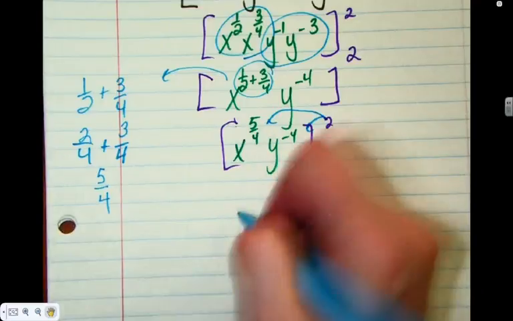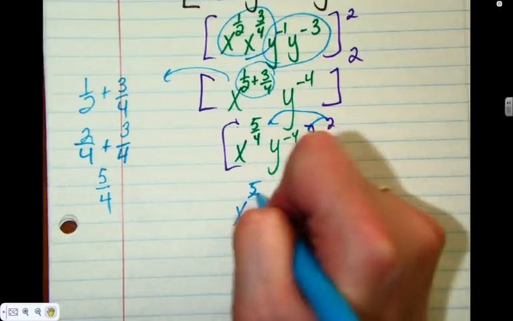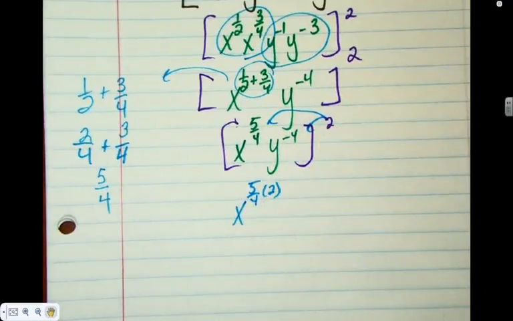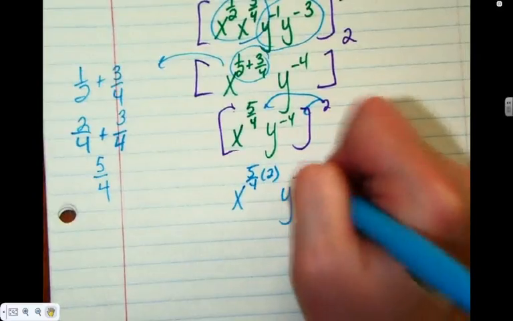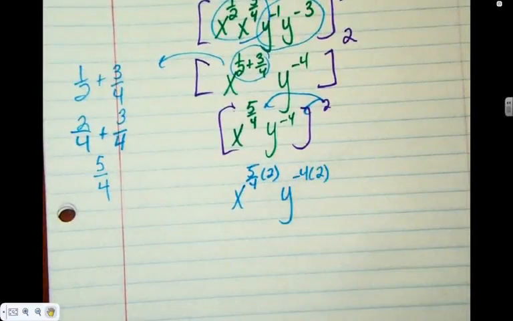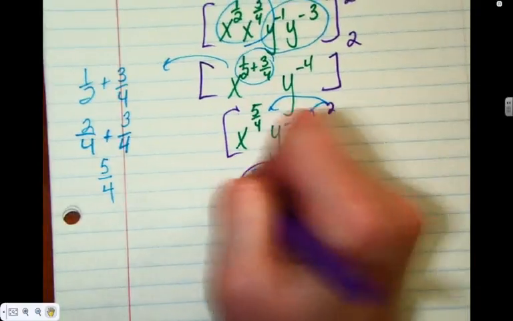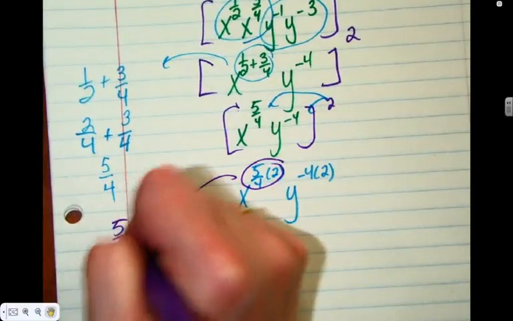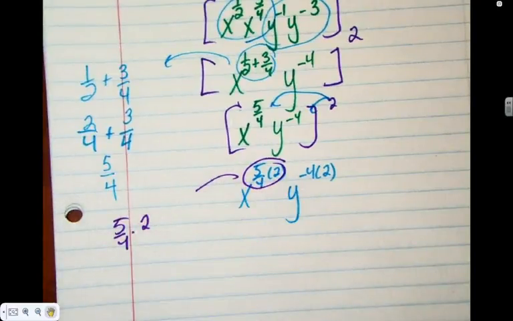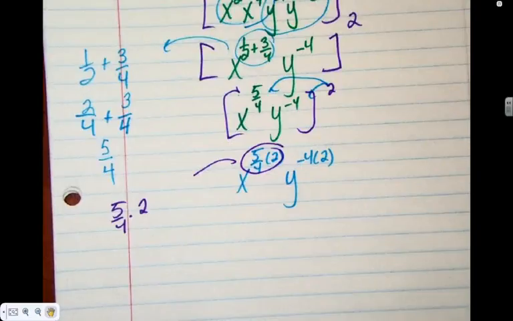It's a multiplication. So we're going to have an x to the 5/4 times 2, which I'll do in a second, and a y to the negative 4 times 2. I'll deal with this guy over here. So 5/4 times 2. How do we multiply fractions?